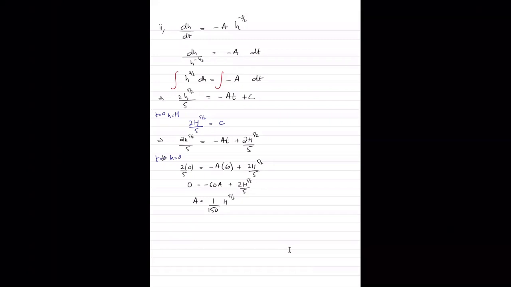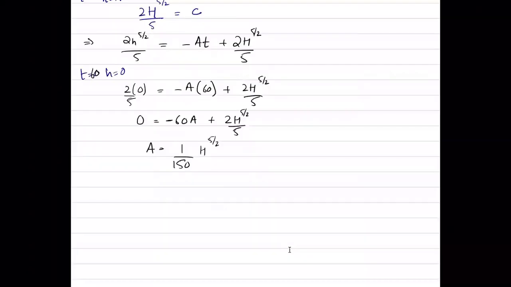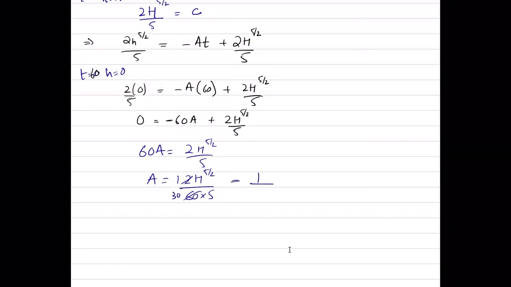Oh, so how are you getting that? Okay. If I take minus 60a to the other side, a is going to be 2h to the power of 5 upon 2 divided by 60 times 5. That is 5 times 30 is 150, h to the power of 5 over 2. Okay, yes, sir.